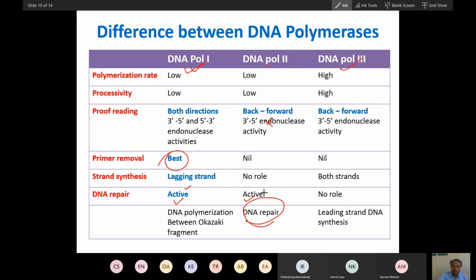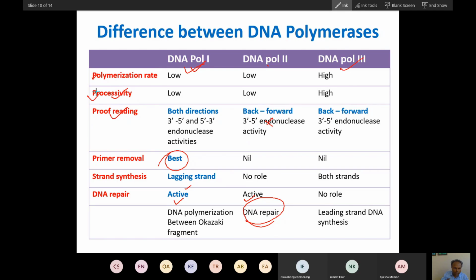This is very important. I will ask questions from these differences. I will ask from the proofreading function. I will ask which DNA polymerase has the highest processivity, and which DNA polymerase is not involved in DNA repair. Which DNA polymerase has the highest polymerization rate?